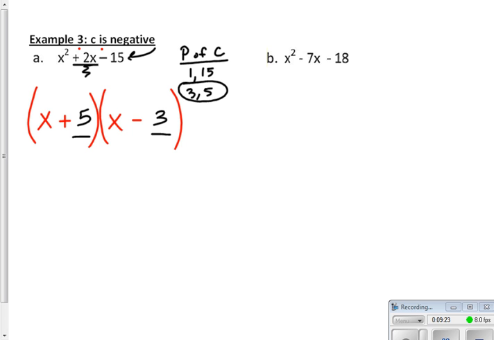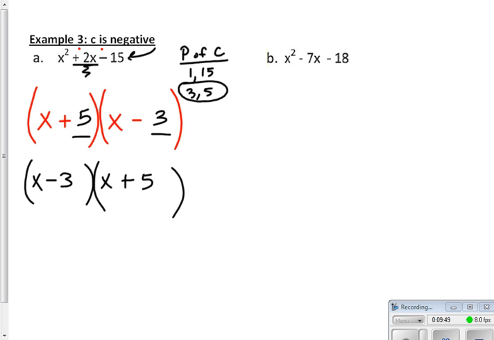So when you add that together, positive 5 and minus 3 is going to give us that positive 2. So that has to go that way. You could rewrite this. The only way that you would rewrite this, though, would be this way: x minus 3 could go first, and then you would have x plus 5 second. But when added together, I'd still get that positive 2.